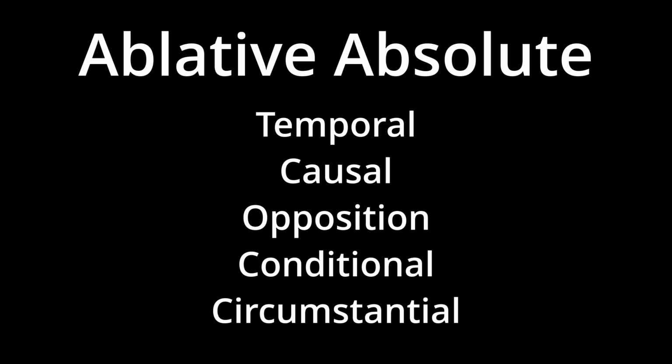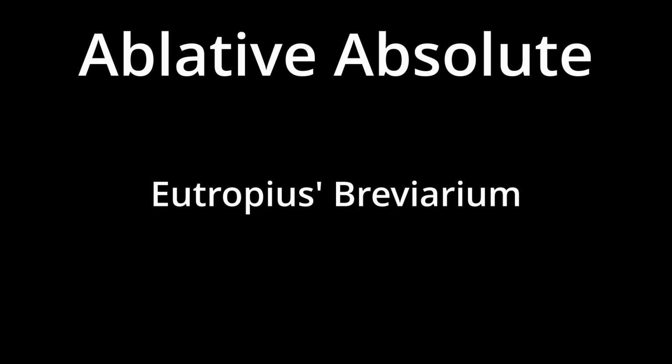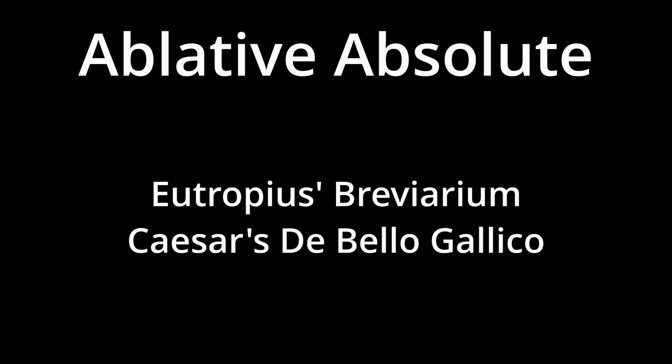Because, so many options. It could be a little difficult to get used to, but that's part of why Eutropius and Caesar's De Bello Gallico are good for this. They use ablative absolutes so much, you have no choice but to get a bunch of experience with them. Since ablative absolutes are also common, it's still pretty easy to get used to them. Like, I already quoted Martial and Tacitus here, so they're everywhere.